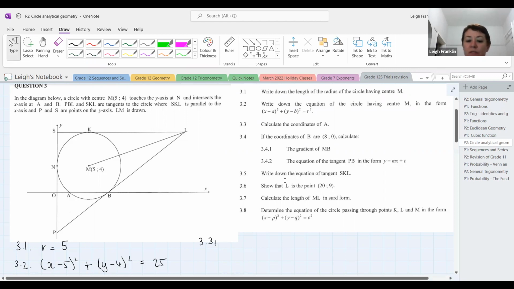When you've got the coordinates of A, you're welcome to share them in the chat.